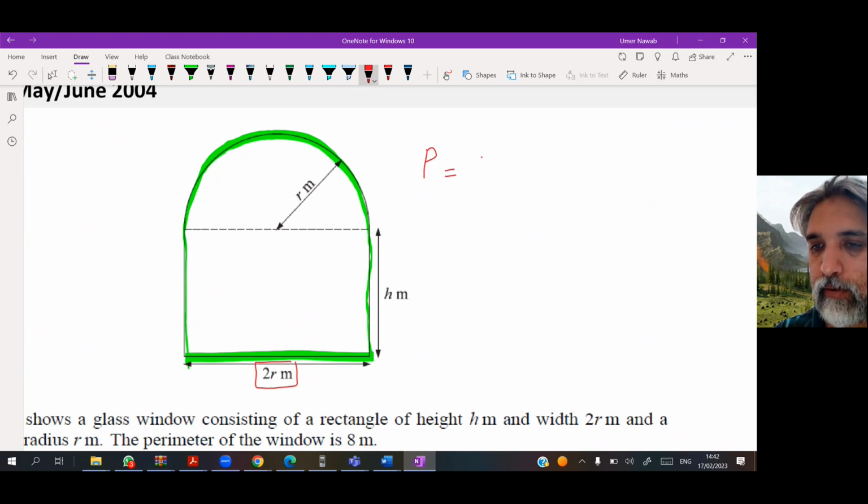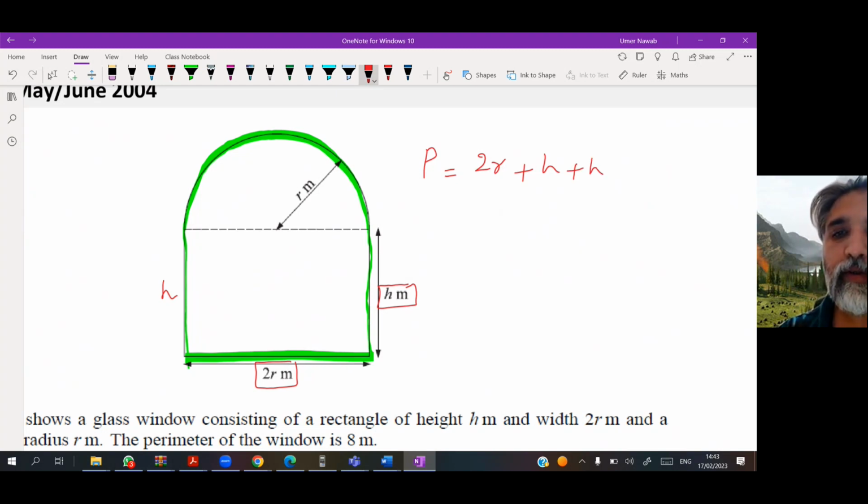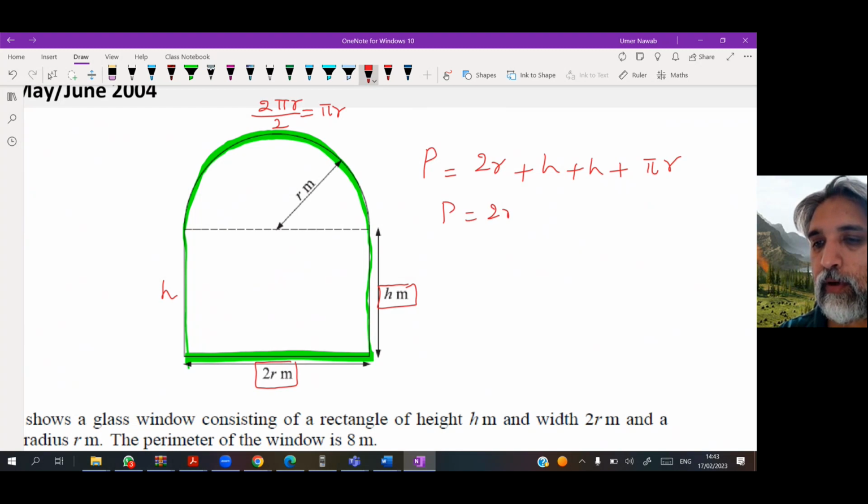Perimeter is 2r, and plus h, then plus h, and this is half circumference. So 2 pi r is the full circumference, divided by 2, and this is pi r, half circumference. Combine them: 2r, h plus h is 2h, plus pi r.